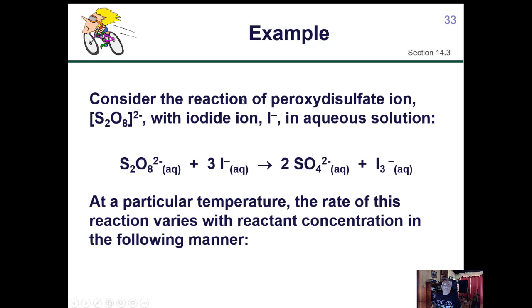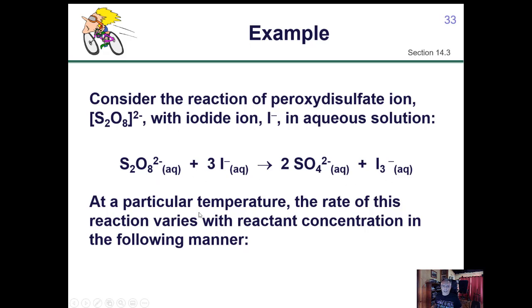All right, so example. Let's consider the reaction of peroxydisulfate ion, this guy right here, with the iodide ion in an aqueous solution. So here is the reaction. It's stoichiometrically balanced. The impact of the stoichiometry will kick in just a bit.